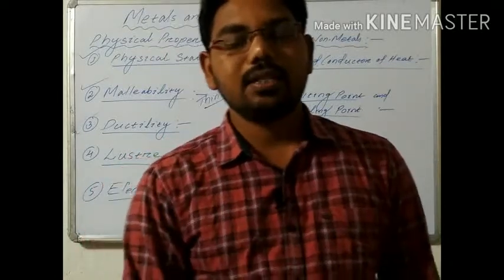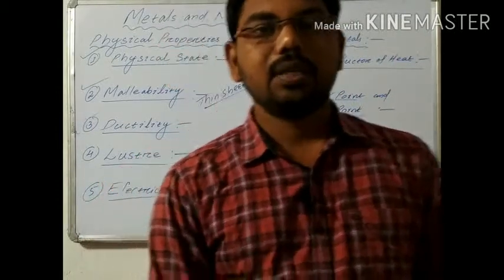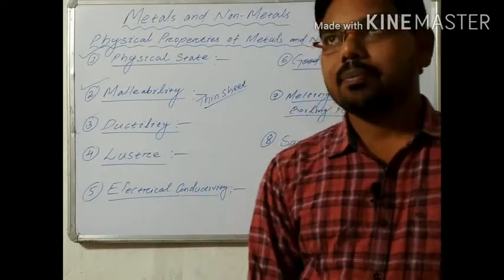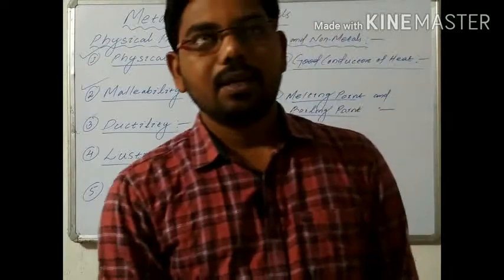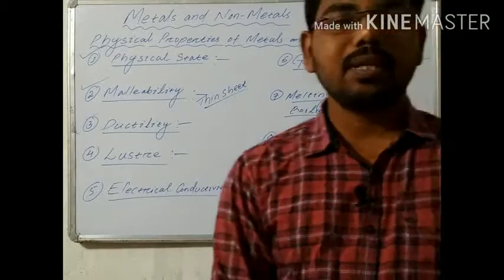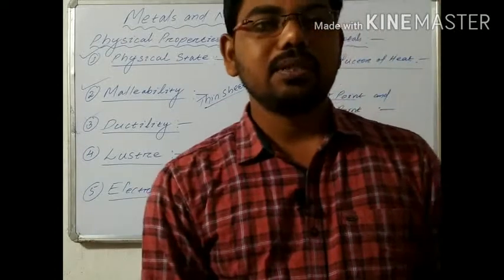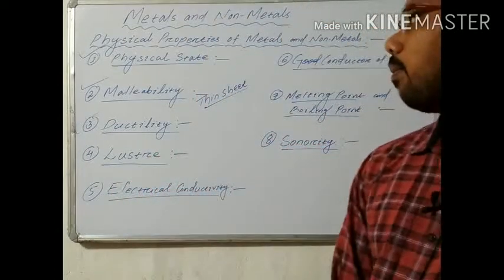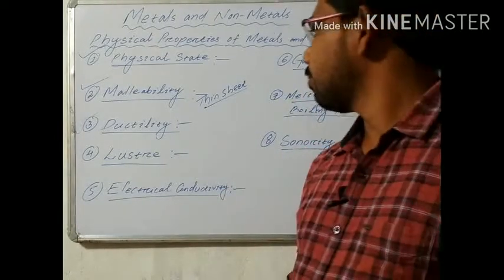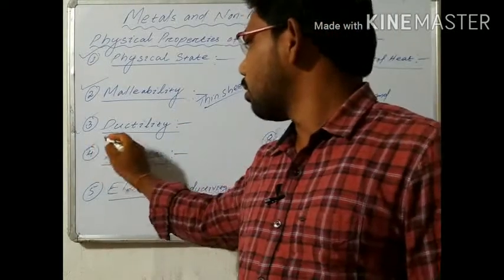Metals like gold and copper have high ductility, and because of this property we prepare wires. The wires we use in electrical appliances are very thin because of this ductility property. Metals like copper and silver are used in electrical appliances.